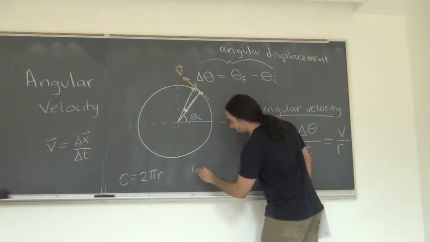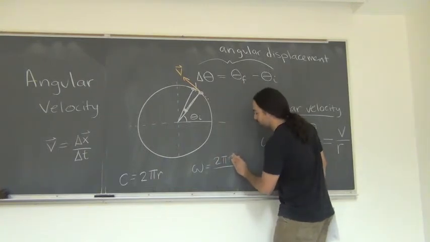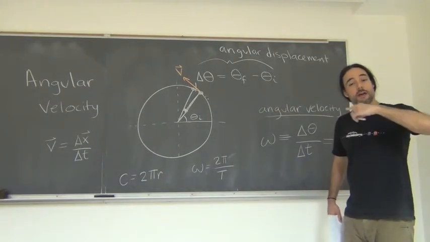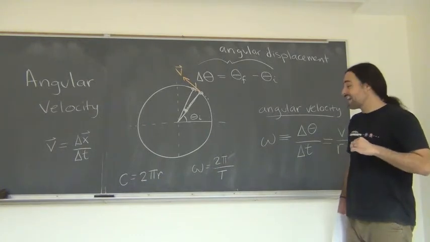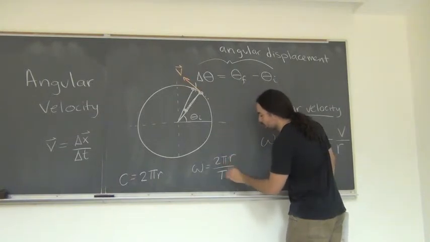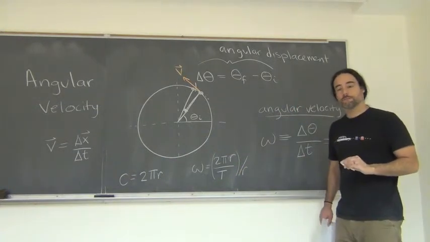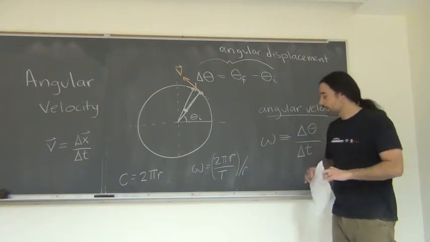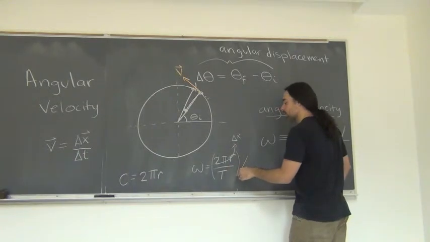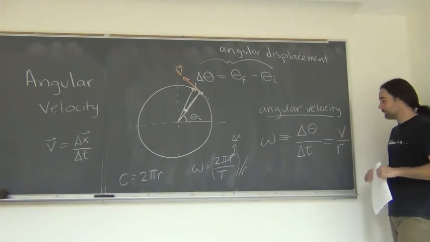That would mean that omega was equal to 2 pi divided by the period T. So the T would be the time it takes to go around the circle. But that's the same thing as 2 pi r over T divided by r. But the 2 pi r is just the distance you've traveled. So that's like a delta x divided by T. So delta x divided by T, that whole thing is just like your velocity.